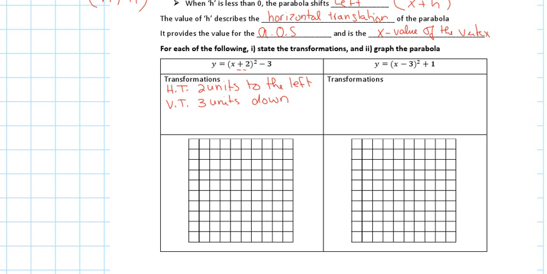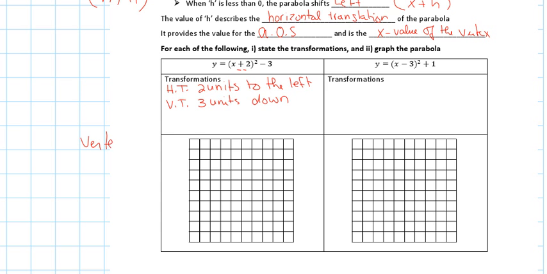This is my transformation. I'm done naming my transformation. Now to graph, I need to know where my vertex is, and I need to know what my step patterns are. So vertex is what? Be careful. -2, -3.